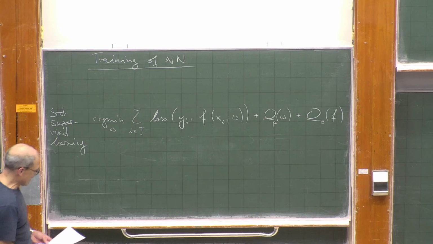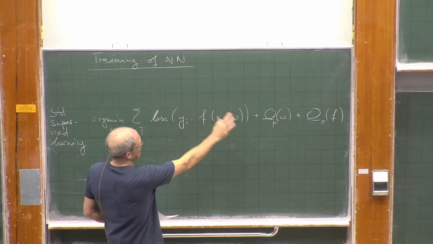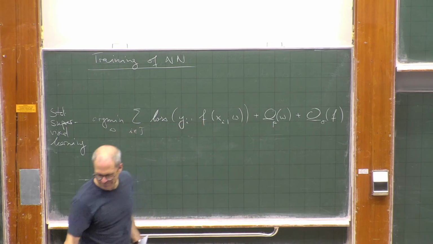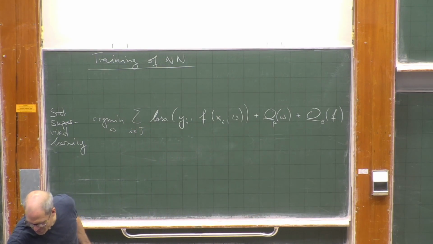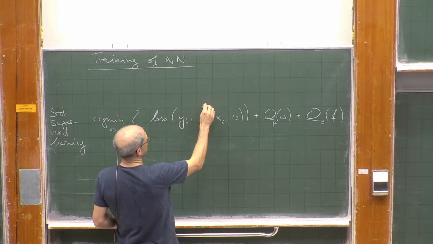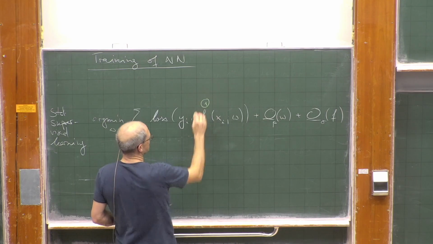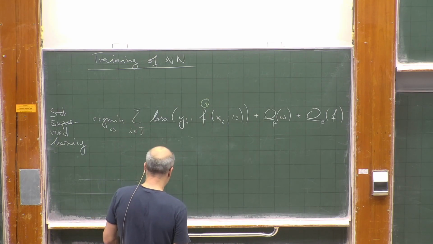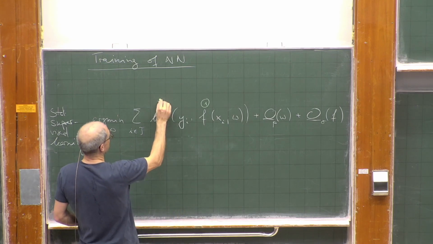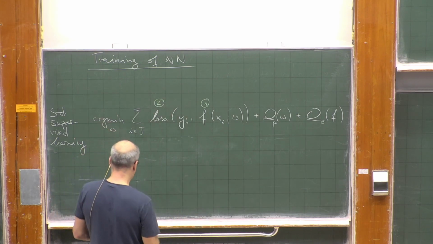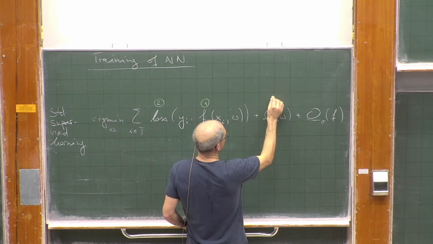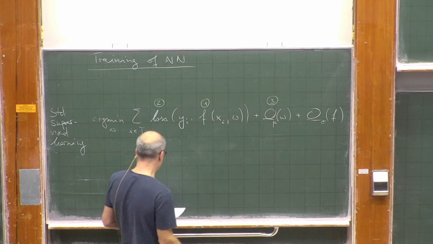Okay, and now there's something to say about pretty much every single symbol I wrote on this board. Starting with the architecture itself, then we have a choice of various loss functions. We have a choice of what regularizers we're going to use.